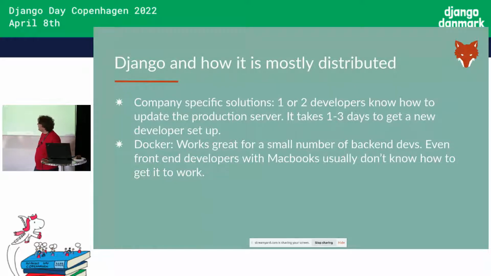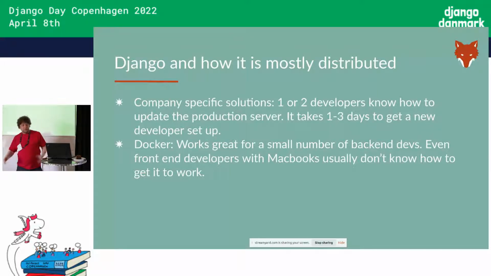A few years ago, we looked at what are the options out there? How can we improve this and make this more sustainable? And what seems to still be the case, and please teach me about something new that I don't know about, is that companies that run some kind of Django app have some specific solution of how to deploy this, right?